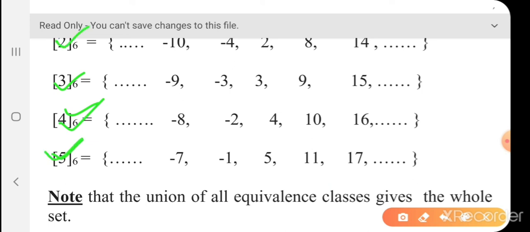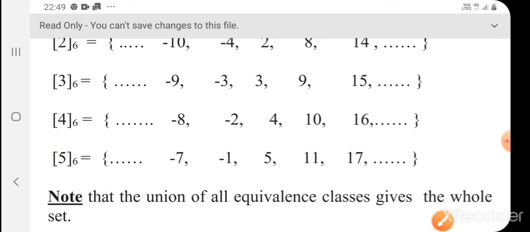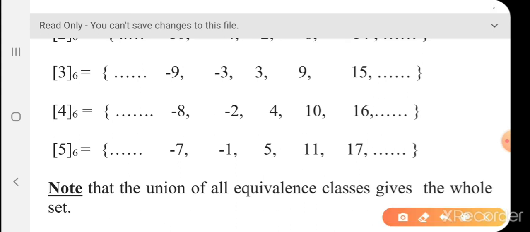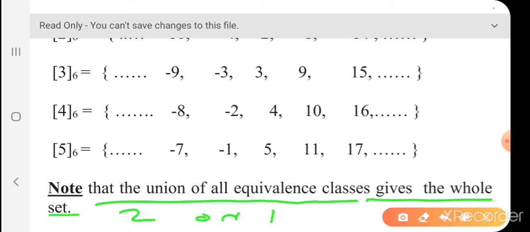So these are pairwise disjoint and the union is the integer set. Notice that the union of all the equivalence classes gives the whole set Z.